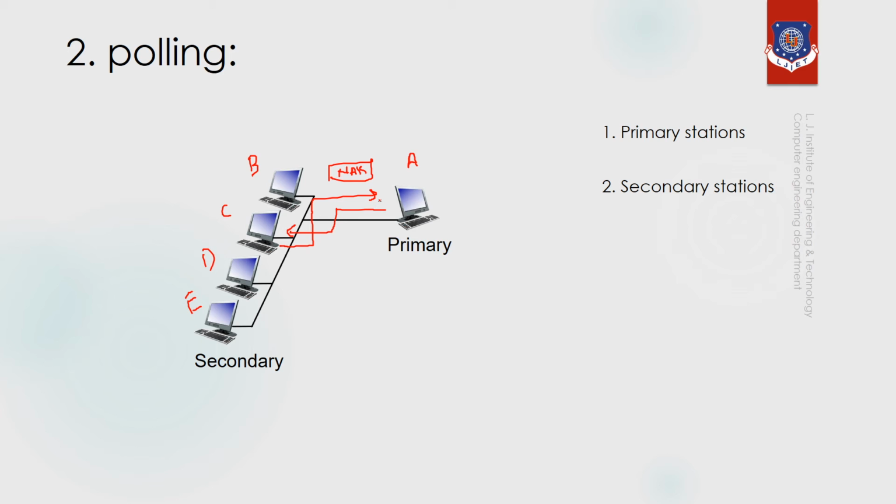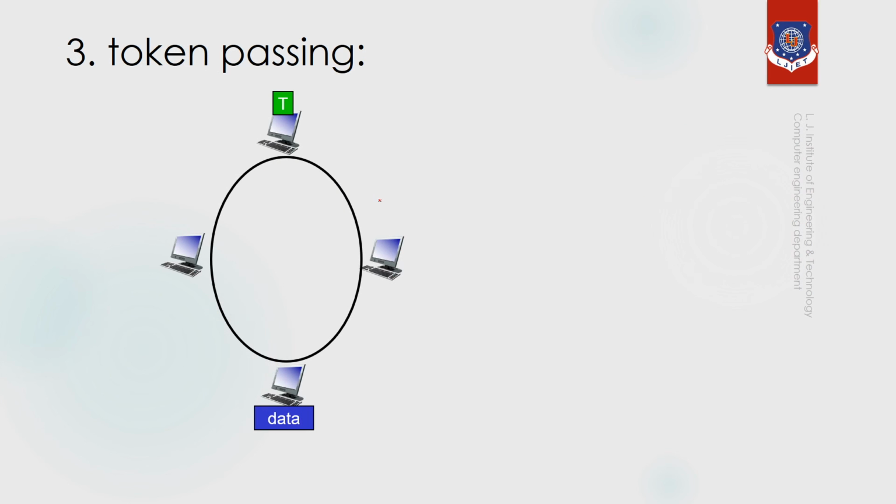And you can imagine what happens after they have denied to answer. Let's not get into detail for that, and discuss the next method, which is called token passing.